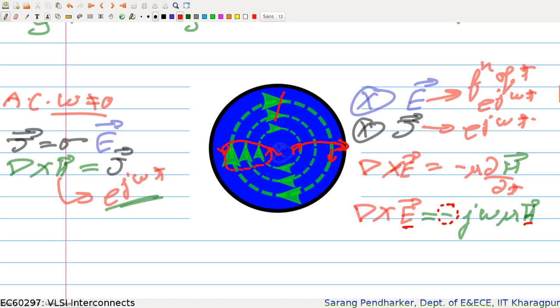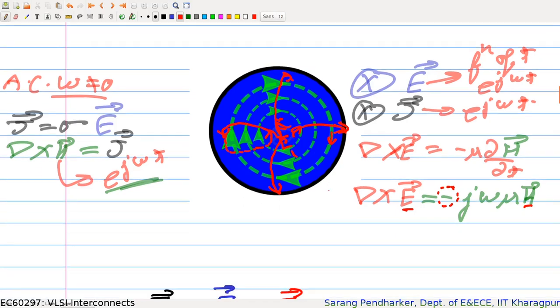Similarly, an argument can be made that for all the points here, there would be an electric field pointing like this in the center. So the induced EMF is actually opposite to the direction of the applied field. My electric field is going like this, which is coming out of the plane of the paper.